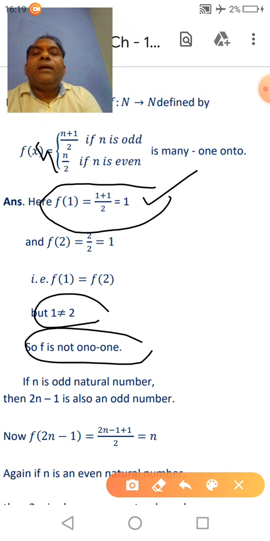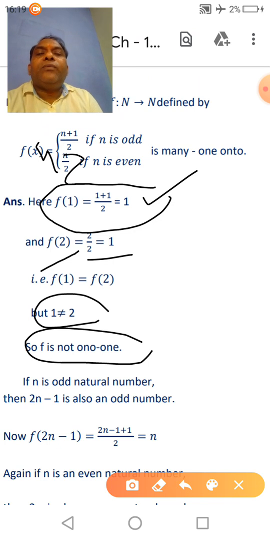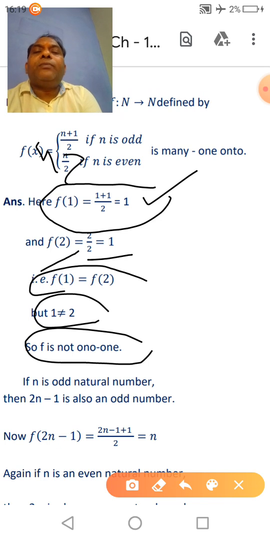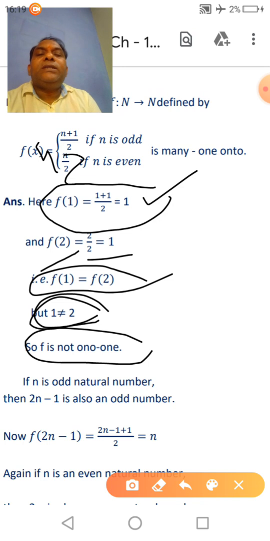And f(2) in case of even number, n by 2, so 2 by 2 is equal to 1. So f(1) is equal to f(2), but 1 is not equal to 2. It means f(x1) equal to f(x2) does not give x1 equal to x2. So given function is not 1-1.